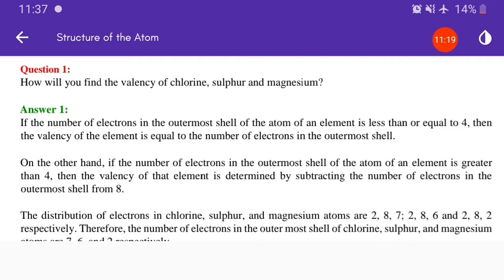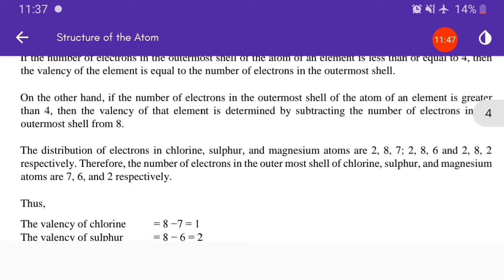On the other hand, if the number of electrons in the outermost cell of an atom is greater than 4, then the valency of that element is determined by subtracting the number of electrons in the outermost cell from 8. If it is more than 4, that means the electrons will be shared, they prefer to gain electrons.